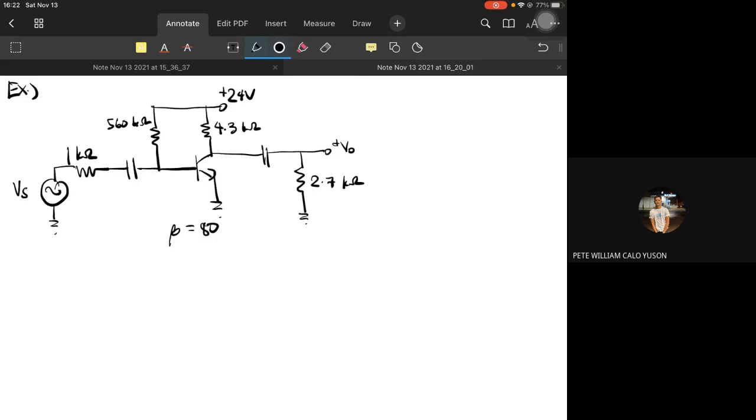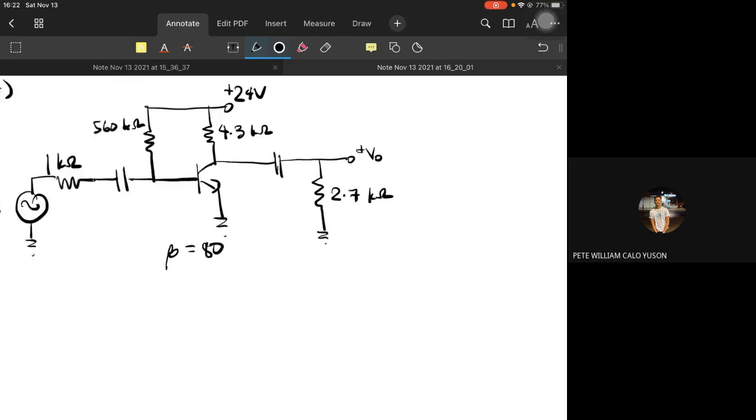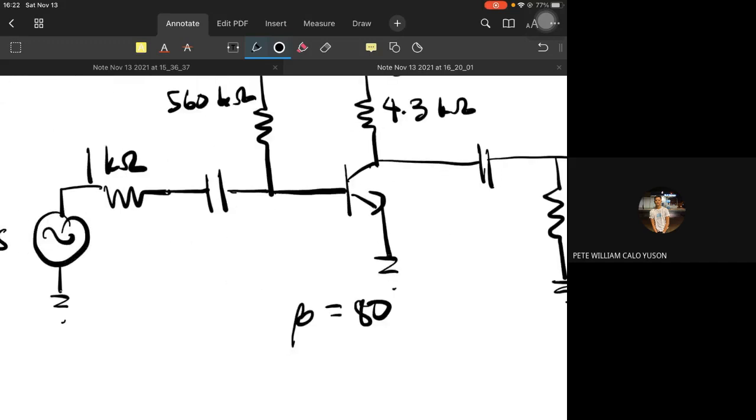Okay, so given this circuit, a fixed bias configuration BJT amplifier, with RL equal to 2.7 kilo ohms and a voltage source with internal resistance of 1 kilo ohm.